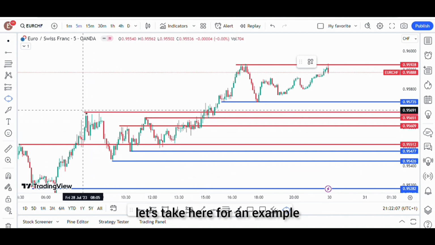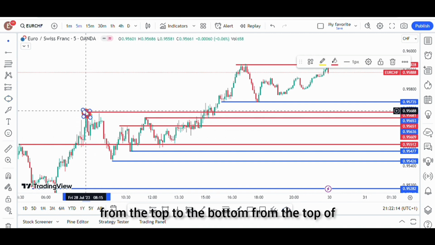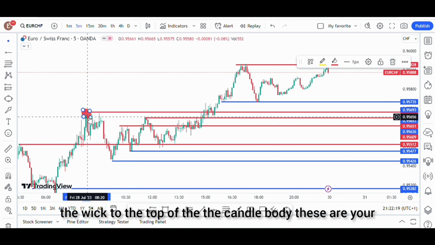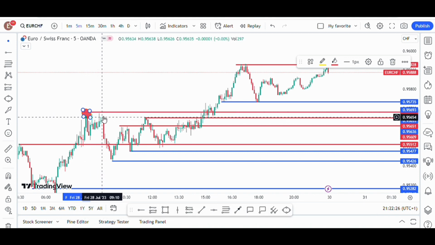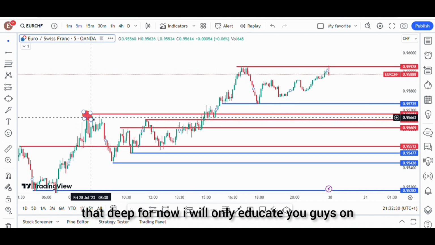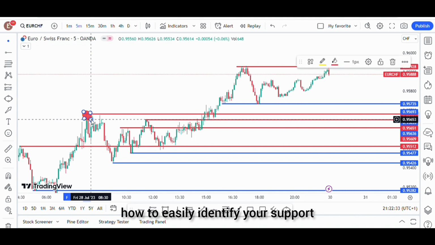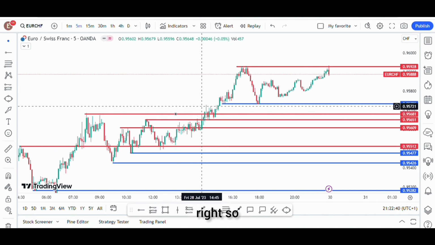Let's take here for an example. From the top of the wick to the top of the candle body, these are your resistance zones. But I won't be going that deep for now. I will only educate you on how to easily identify your support and resistance zone.